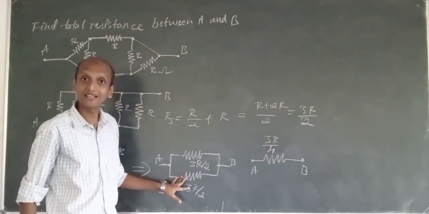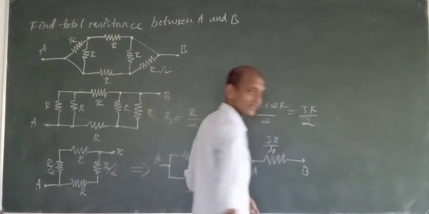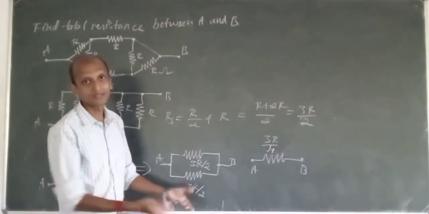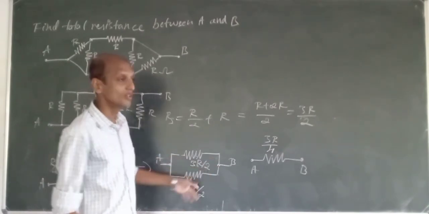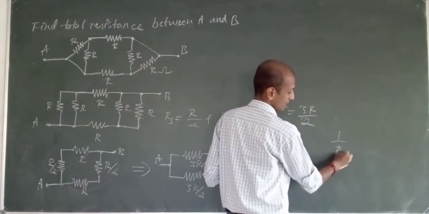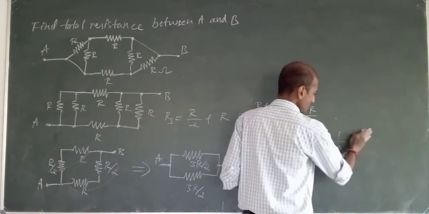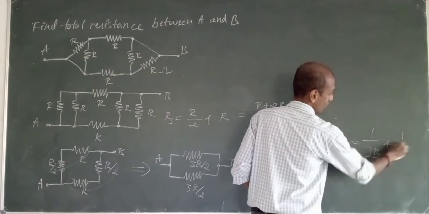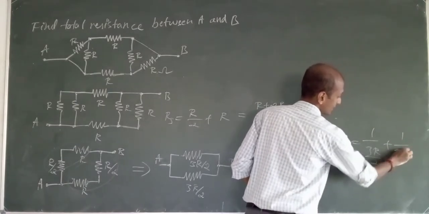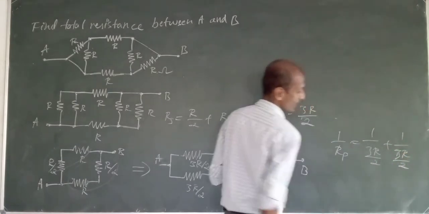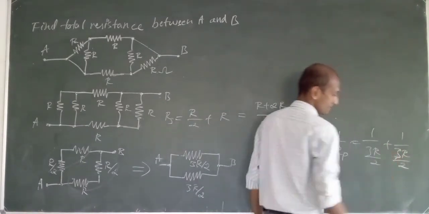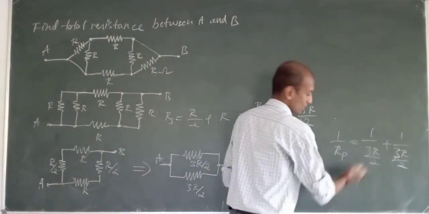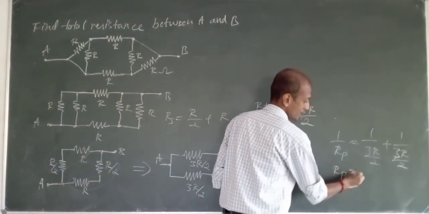So how is it? 1 by RT is equal to 1 divided by 3R by 2 plus 1 divided by 3R by 2. If I take the reciprocal of that, RT is equal to what?